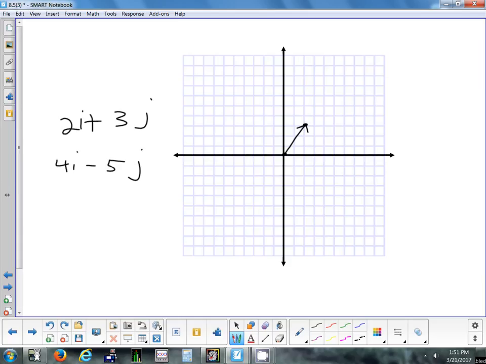Quadrant 4. So I go right 4, and then down 5. And there's that one. So the goal here is to find the angle between the two vectors. Technically, there's two angles. There's this one, and then there's the one on the outside. We're always going to be finding the one on the inside, the one that's smaller than 180.